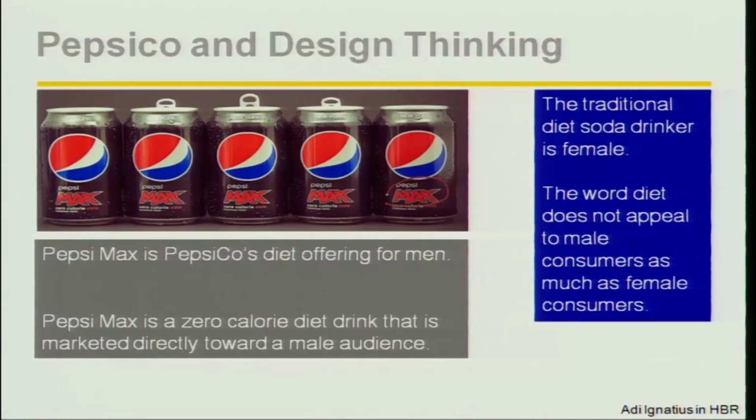I need much more flexibility and much more freedom to innovate. Well, guess what? If you don't think these are constraining circumstances, then think again. These are tremendous, brilliant innovations within very, very constrained settings. Okay? So, Pepsi Max, PepsiCo's diet offering for men.